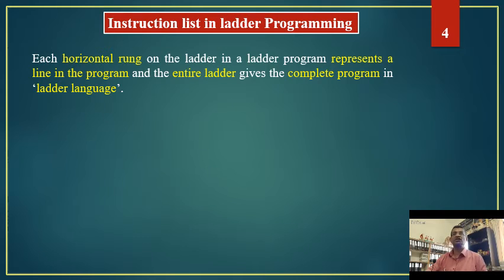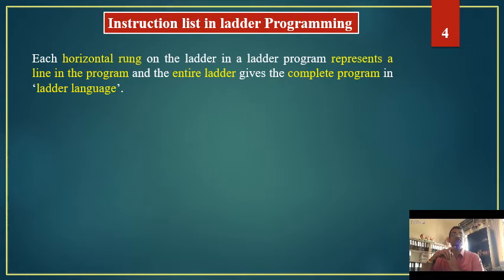First of all, coming to instruction list in ladder programming, we already know that in ladder programming every horizontal rung represents a line of a program. So one single code is represented in the form of a rung, which is a horizontal line. And when we have many such horizontal lines, or many such codes, the total ladder becomes a program.